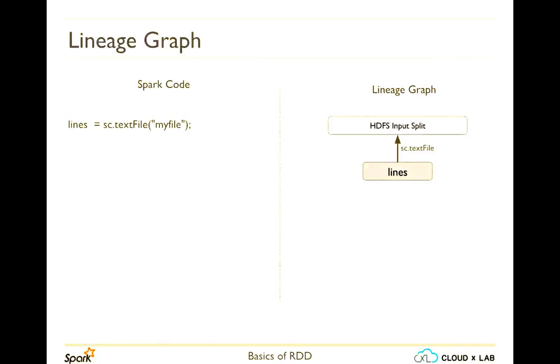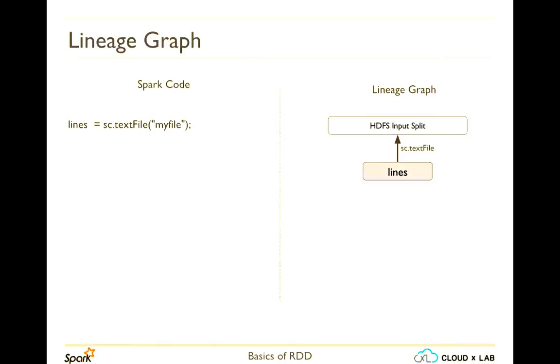So on the right hand side, you see the lineage graph. On the left hand side, I'm showing the code. On the left hand side, we are saying lines equals sc.textFile. Of course, there will be val lines for Scala. And on the right hand side, you see it's creating lines as one of the nodes.